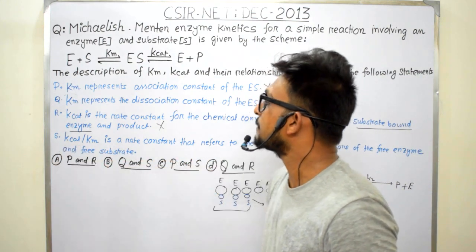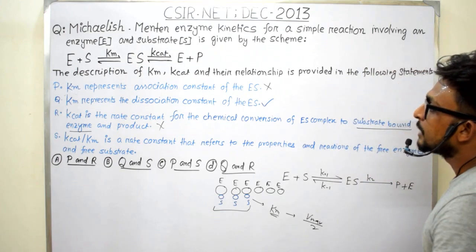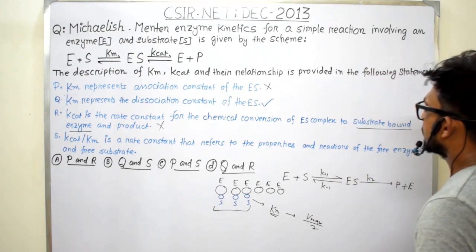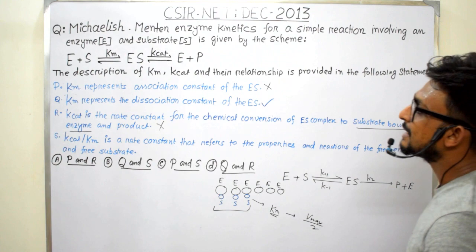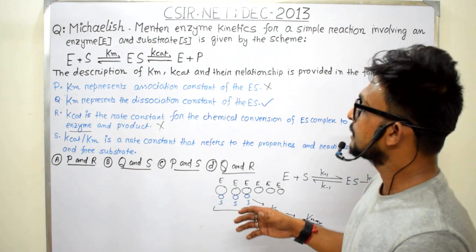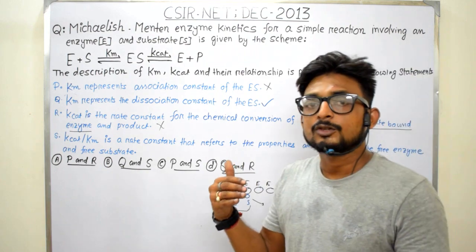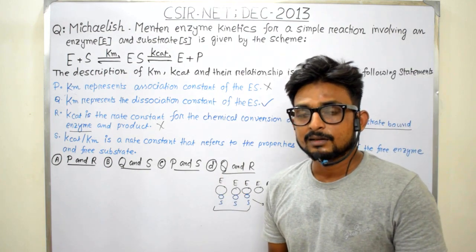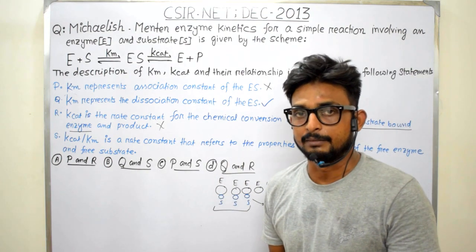Okay, so here Kcat by Km is the rate constant that refers to the properties and reaction of the free enzyme and the free substrate. Obviously, because as we have seen in the definition, it is showing the properties of the enzyme and its reaction ability, right?